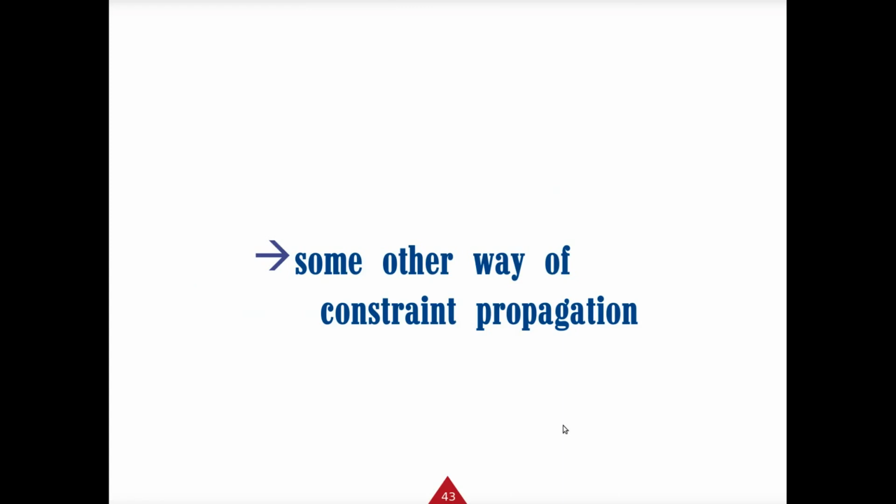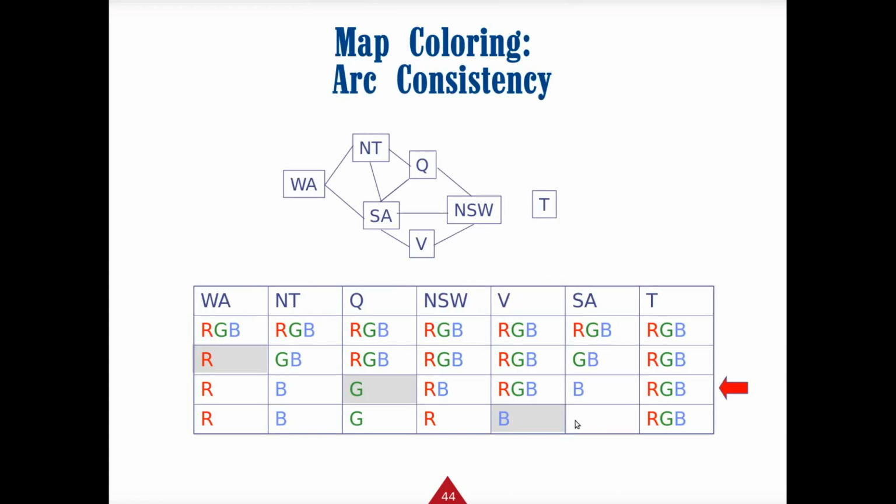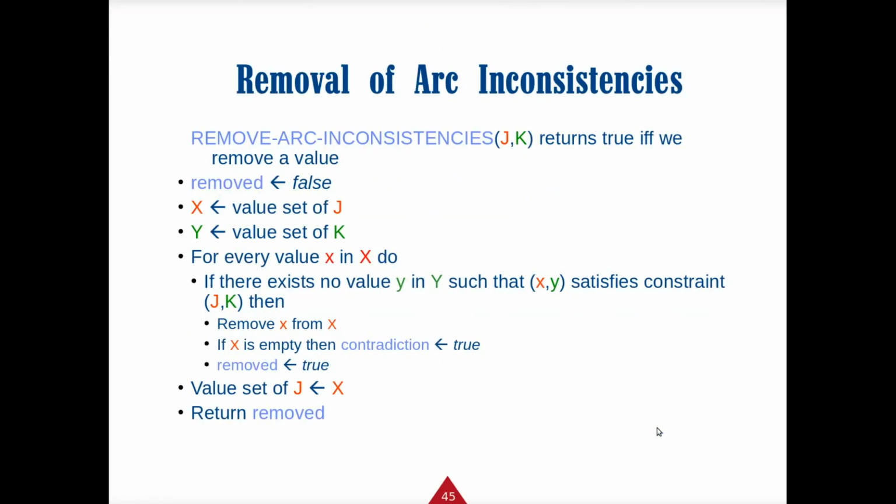And there are some other ways to do constraint propagation. We can do arc consistency. And so notice here how T has RG and B all the way through. And so we have this arc consistency. Basically you want to say remove arc inconsistencies returns true if and only if you remove a value.